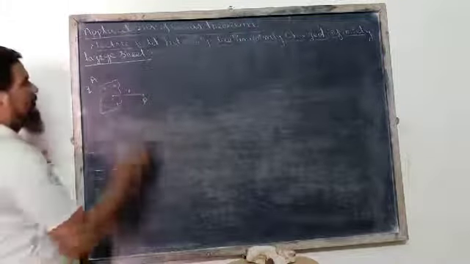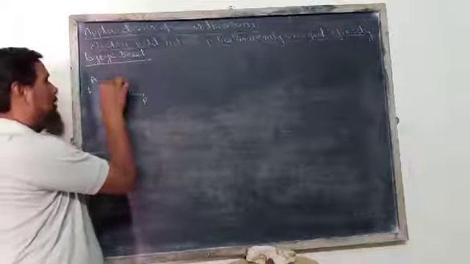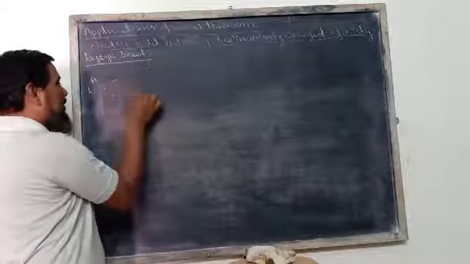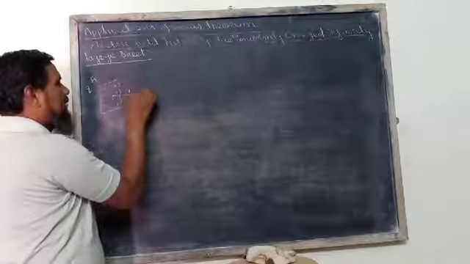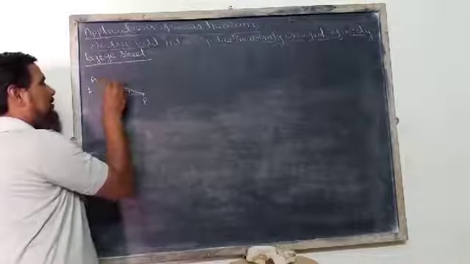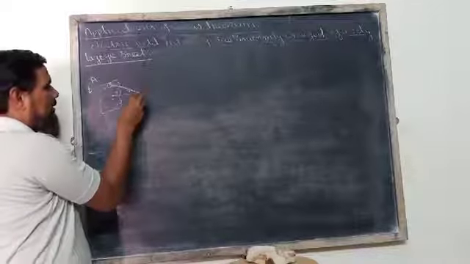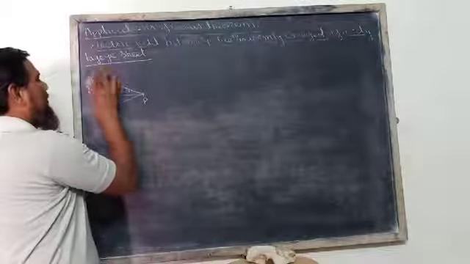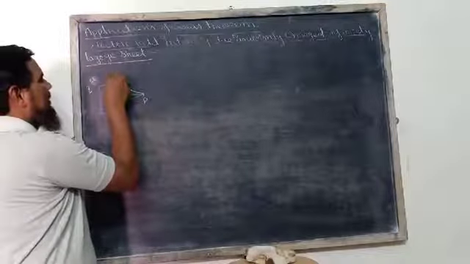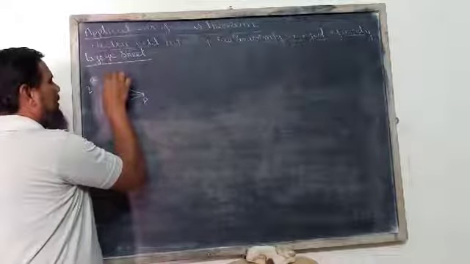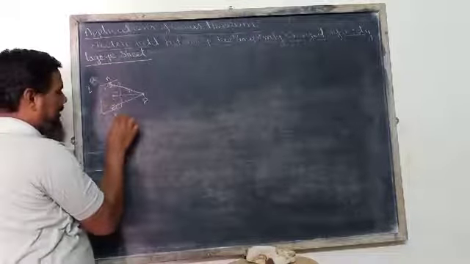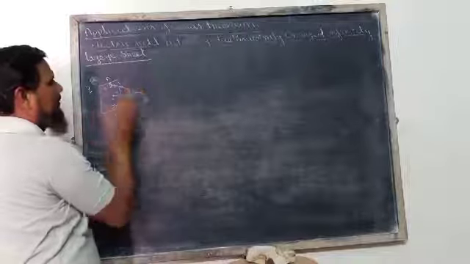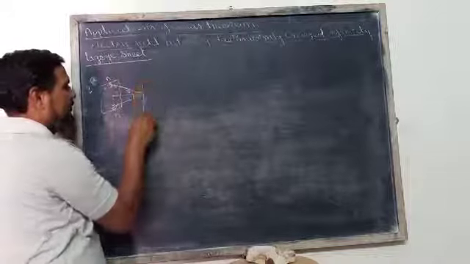For the direction we divide the whole sheet into very small area elements, and we consider two area elements at equal distance from the point P. Let these be A and B. This angle is theta, and this angle will also be theta because the distances are equal.